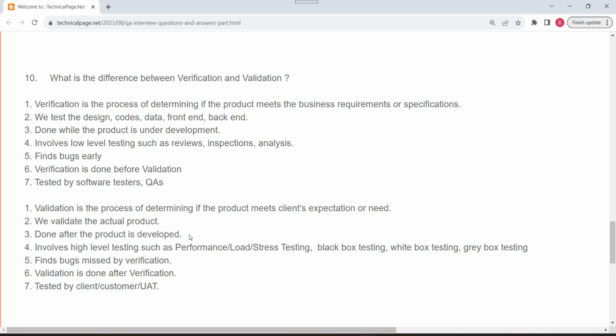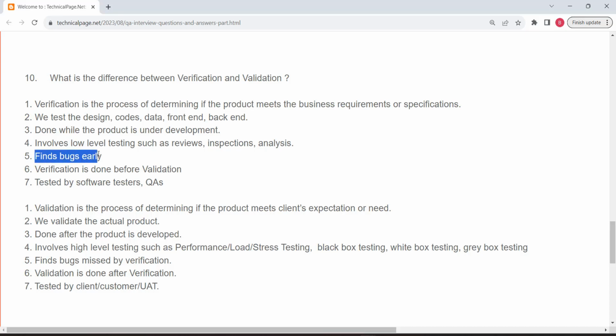The fourth point is verification involves low level testing such as reviews, inspections, analysis, and so on, whereas validation involves high-level testing such as performance testing, load testing, stress testing, black box testing, white box testing, gray box testing, and so on.